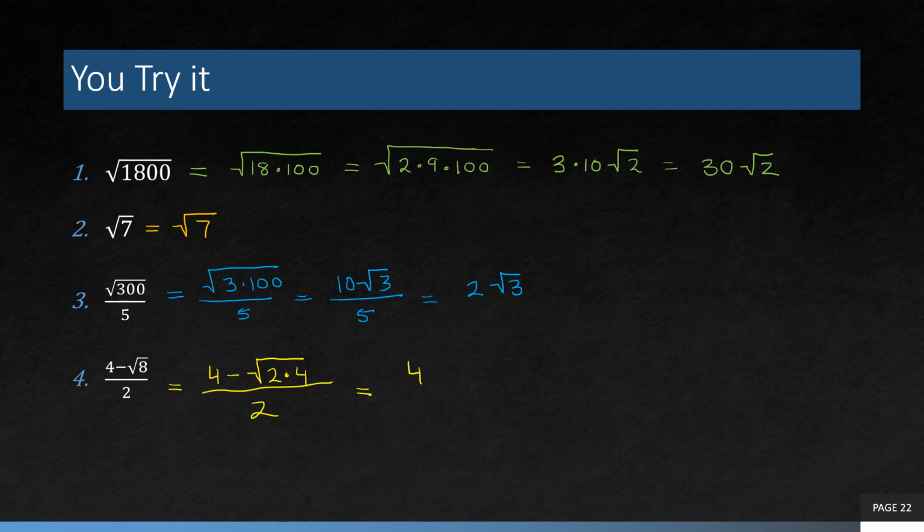So I have 4. I'm going to go ahead and write this one already, break it up. We have that sign. We're subtracting. We have 2 rad 2 over 2. This becomes 2 minus the square root of 2.